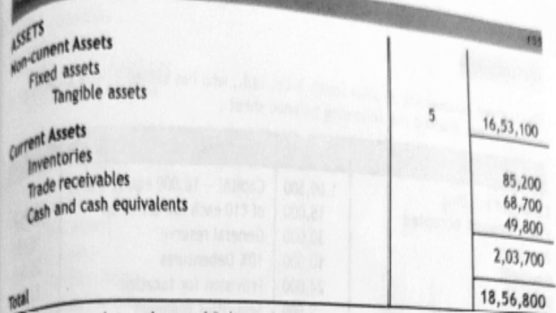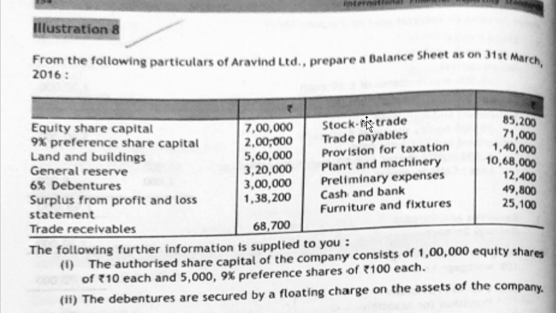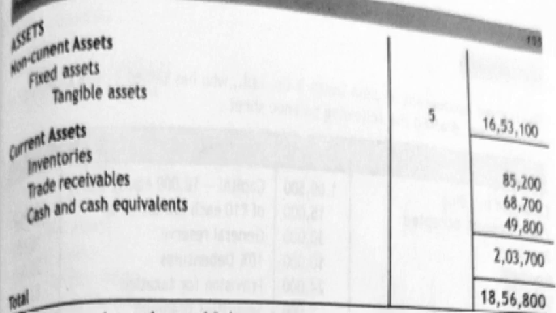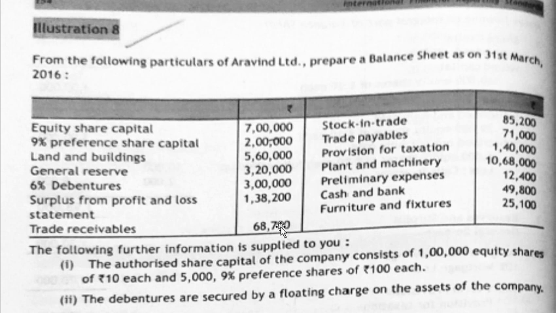Next is our current assets. Under current assets we have stock in trade, trade receivables, and cash and bank. So we will be taking those items here. Stock in trade, which is nothing but inventories, is 85,200 as per the question. Trade receivables 68,700.